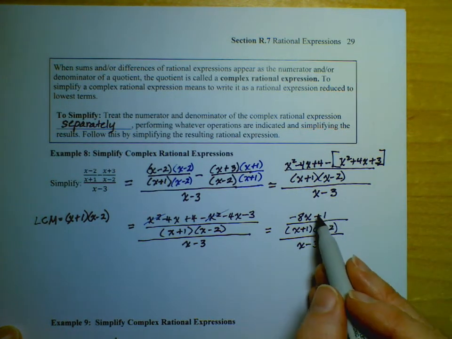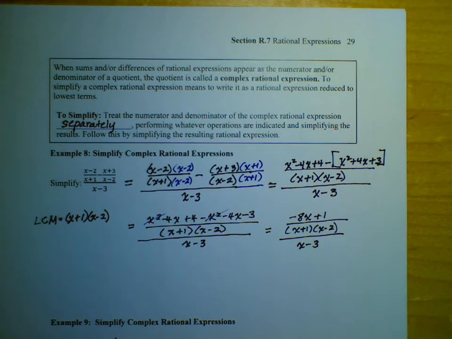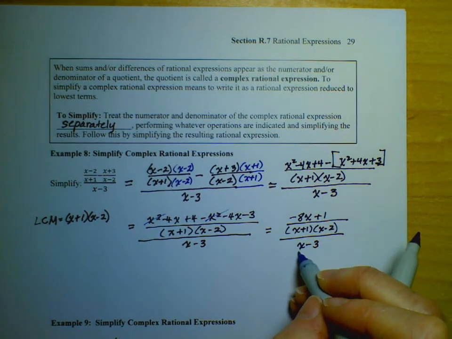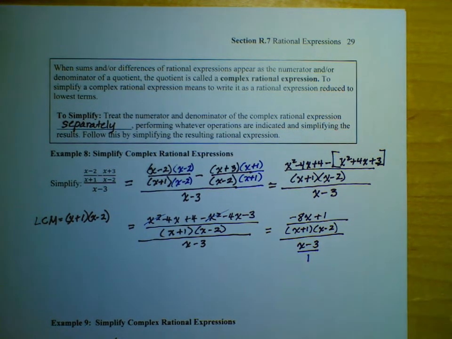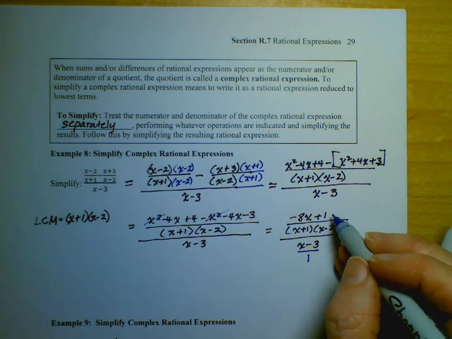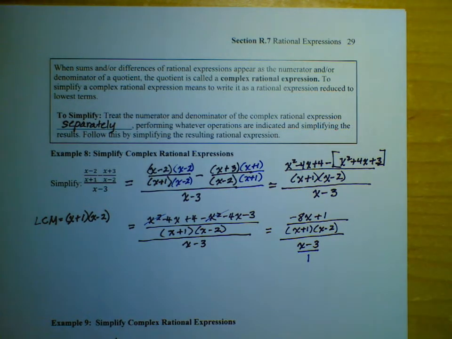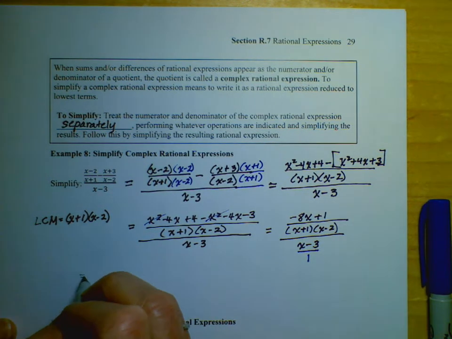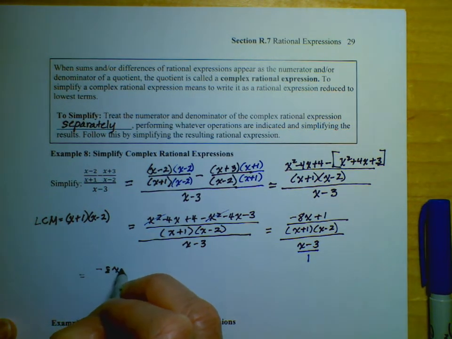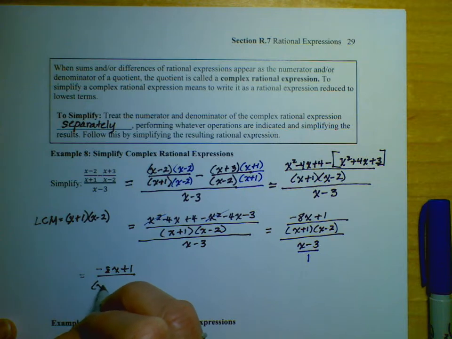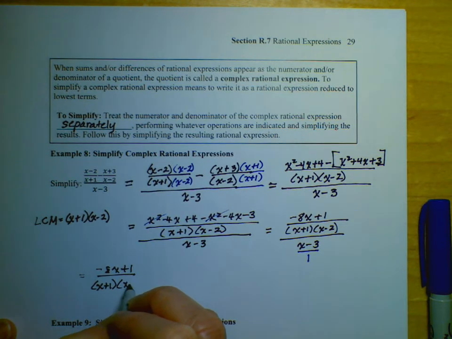So to divide, we can think of this, the denominator is a fraction also. You can just put it over 1. And notice that we have a fraction divided by a fraction. Remember the keep it, change it, flip it? That's what we'll do. We'll keep negative 8x plus 1 over x plus 1, x minus 2.